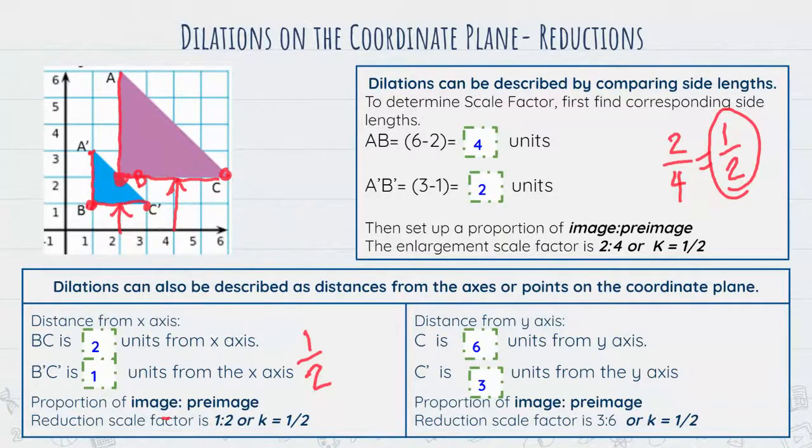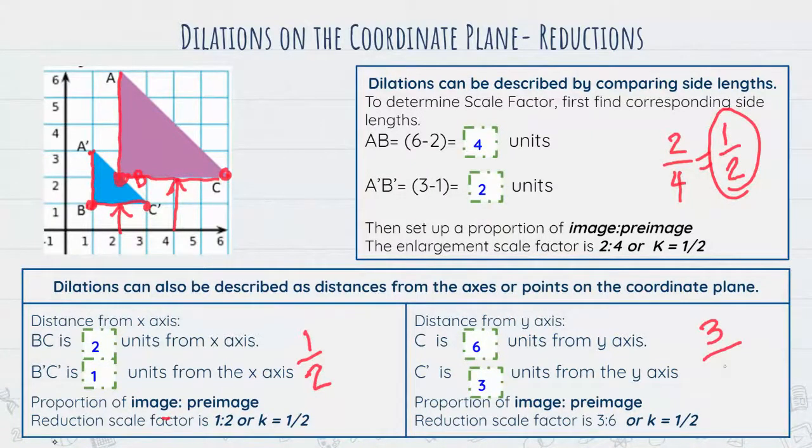So let's set up our proportion. Our image was the smaller one, and our images are prime, so remember, you have to be really careful, which was 3.